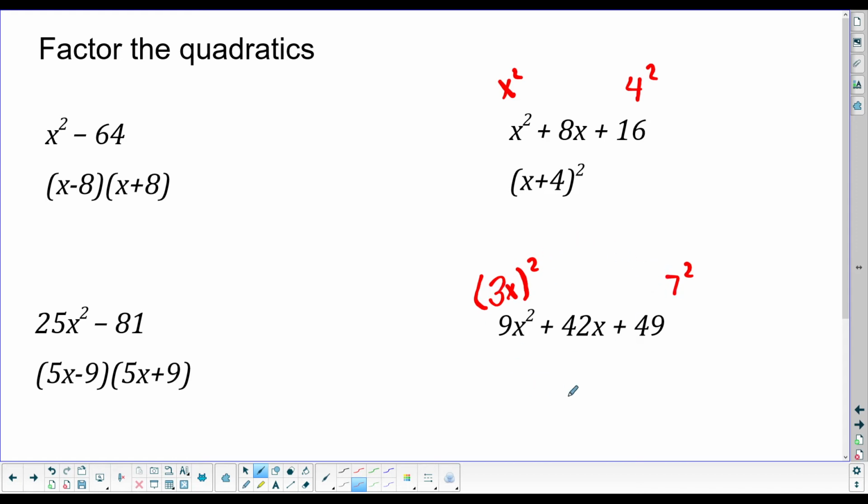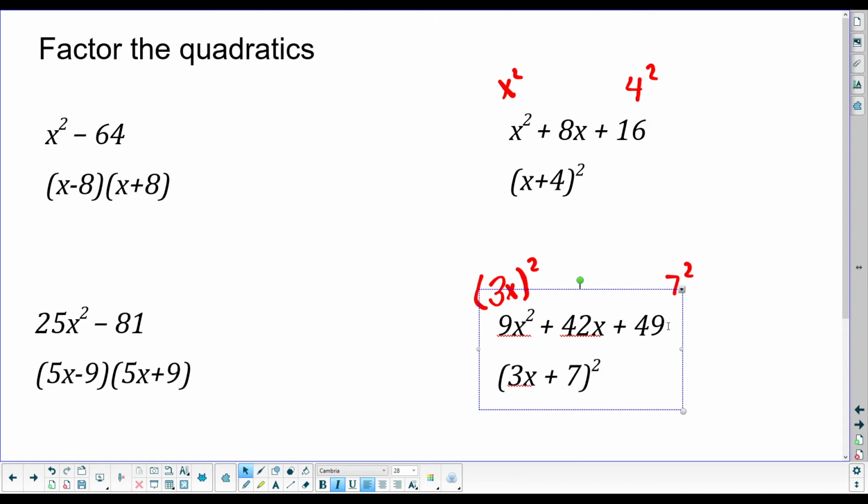So yes, this is a perfect square. So this one would become 3x plus 7 squared. Okay, so the real trick here again is to recognize those perfect square polynomials.